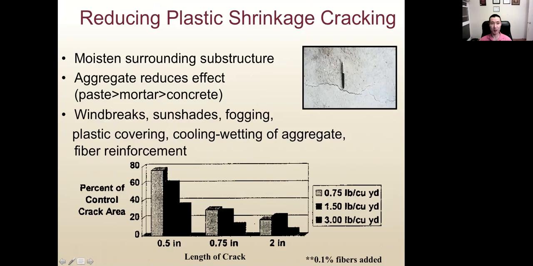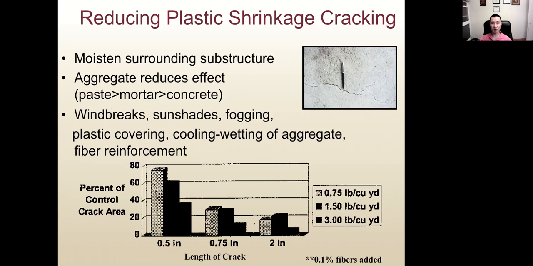How can we reduce plastic shrinkage? Because plastic shrinkage occurs by evaporation or suction of water to the surrounding structures, we can first of all moisten the surrounding structures.